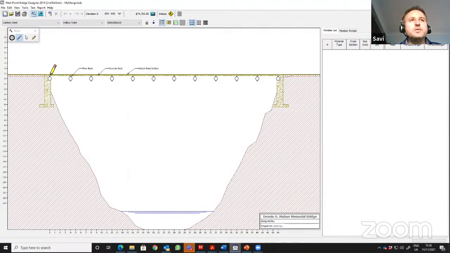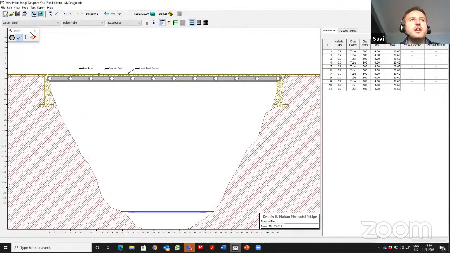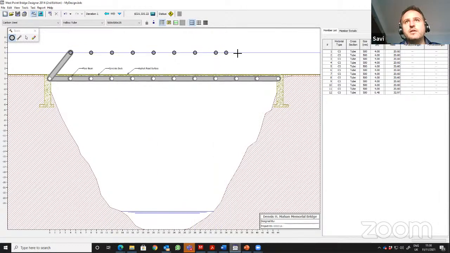Then you can use these tools to build a bridge. I'm not able to do it now, but let's try to do it quickly in 1 minute. What I want to show you is that I can create a bridge like this.